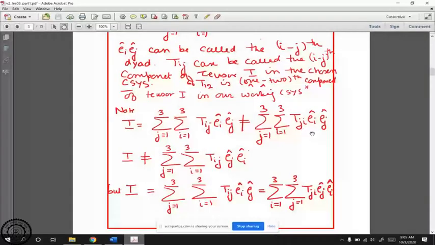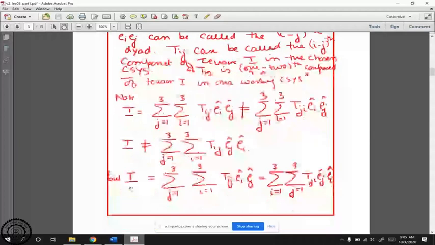So this is the wrong representation. Tensor T cannot be written as Tji, Ei, Ej. Similarly, tensor T cannot be written as the two summations of Tij, Ej, Ei. Here ij, here ji is violated; ji, ij is violated. So both these are wrong representations of a second order tensor.